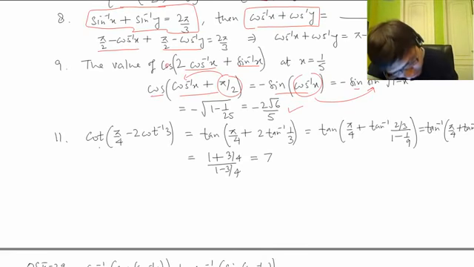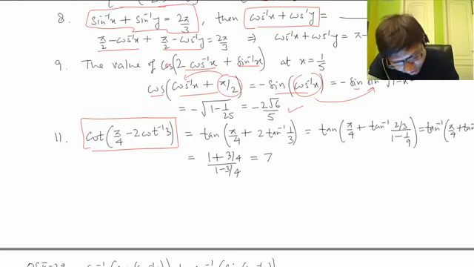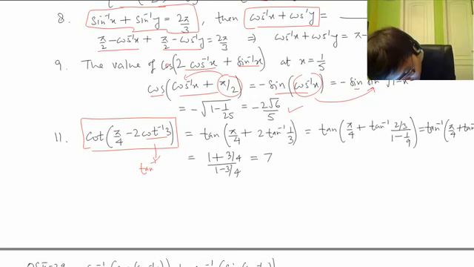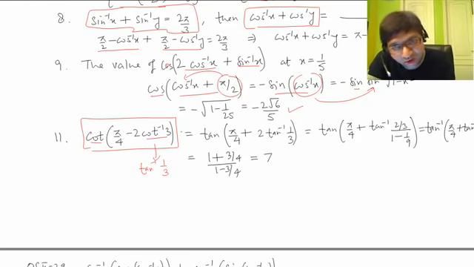Now the 11th question, again there are a few questions similar to this. Cot of pi by 4 minus 2 cot inverse 1 by 3. First of all we can write cot inverse 3 as tan inverse 1 by 3, it is positive so we can do that. And then I don't prefer to work in cot, so I change cot to tan.